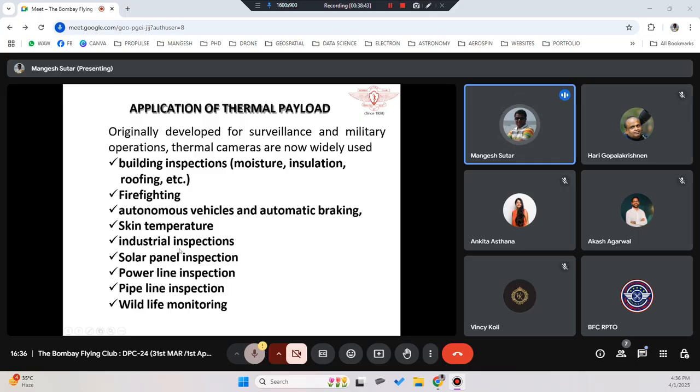Whatever data we captured, we shared it with the power board, and the power board told us that some wires used were actually low standard wires, which were susceptible to heat, and that's why they degraded over a period of time.